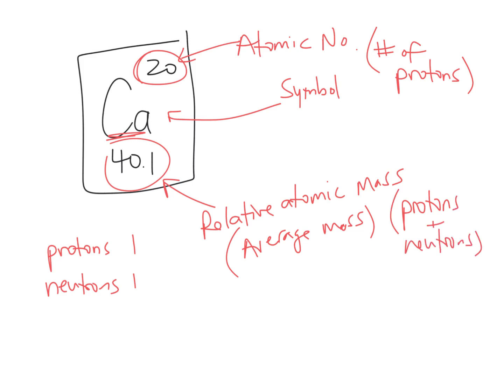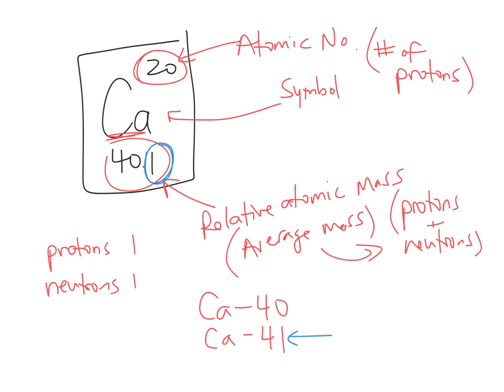But in the case of what's actually displayed there, it's an average of all of the naturally occurring isotopes of that element. So what does that mean? It means naturally there's some calcium 40, but there must also be some calcium 41 that contributes to some of that mass. That's why we see the relative atomic mass, or the average atomic mass, being 40.1.